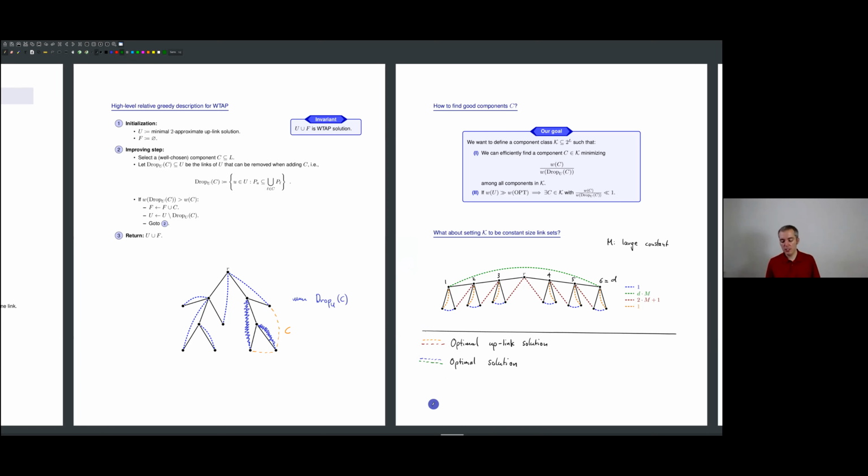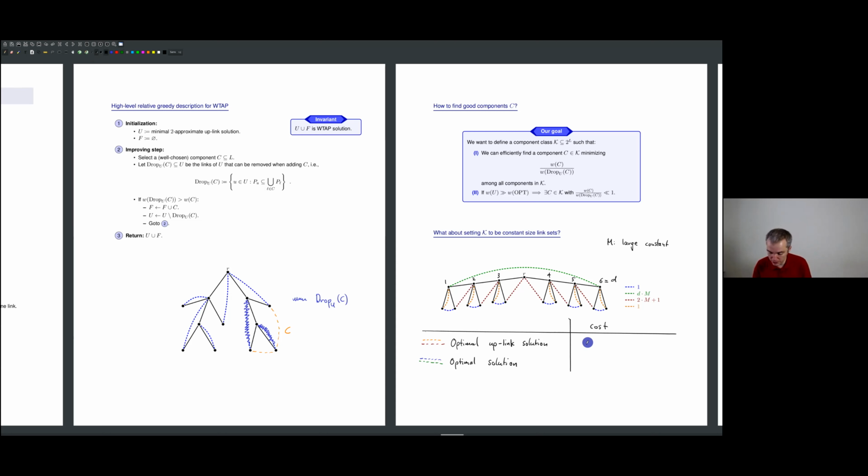And you see this instance is now, okay, maybe let's first just talk about how expensive those solutions are before we start talking about how we could try to improve the uplink solution using the other links. So let's talk about cost. If you only have uplinks, then we have d many of the orange ones and d many of the brown ones.